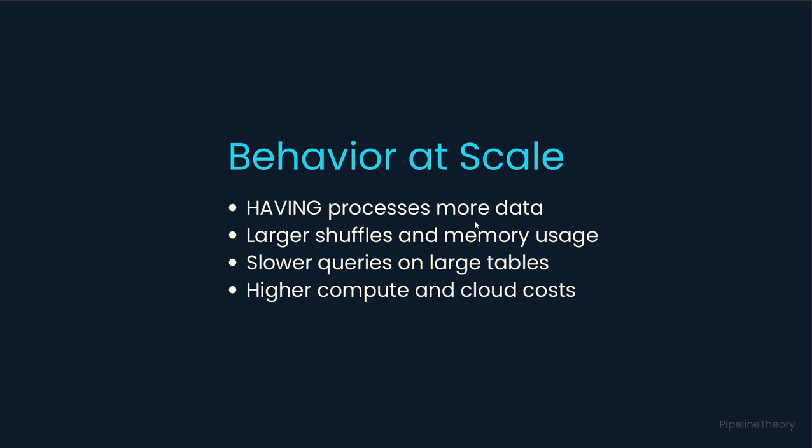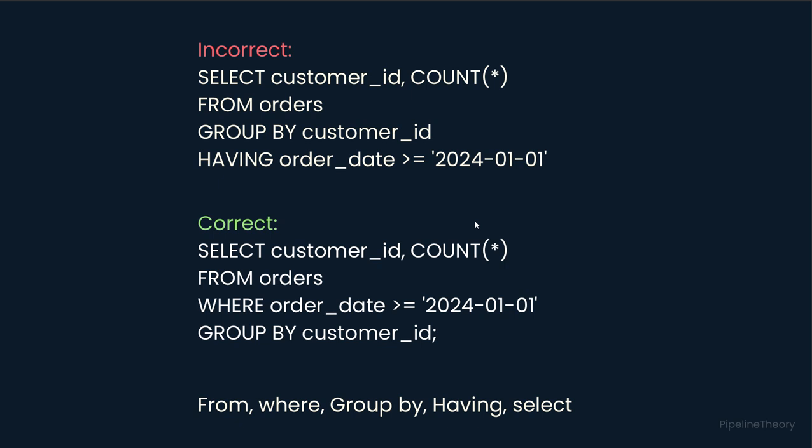So whenever you're writing any where or having condition, filter the data and get only what is required. That is a very common practice we need to follow in all our production pipelines.